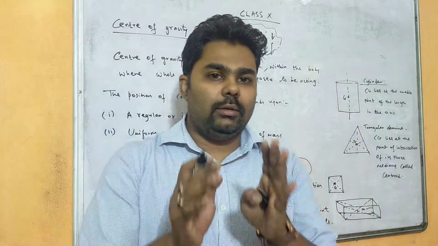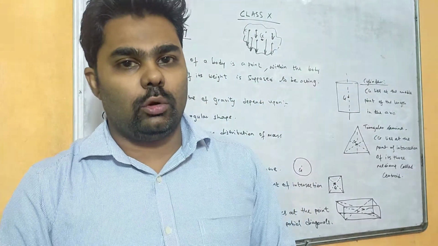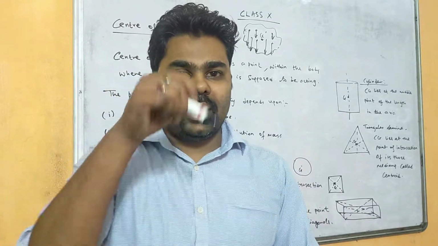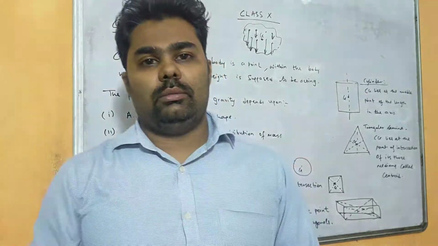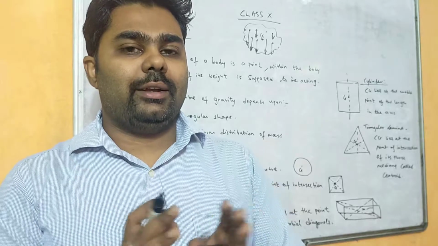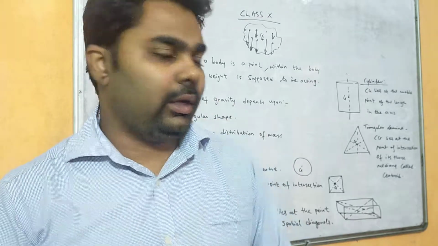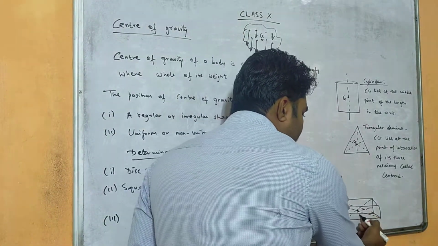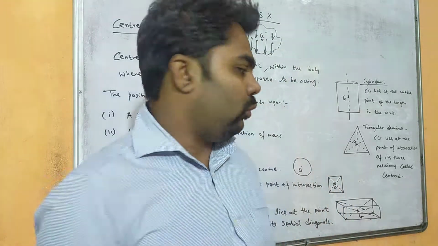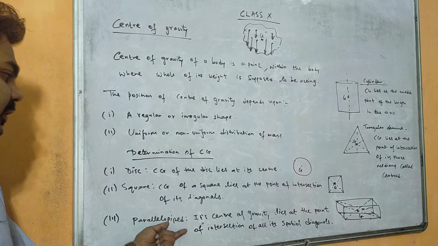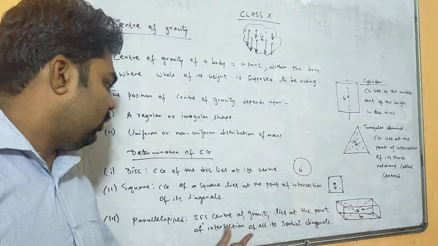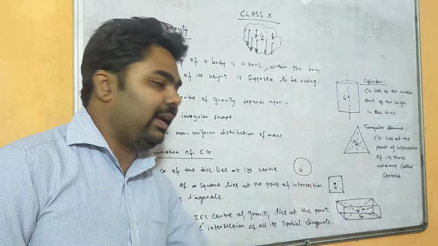In a cuboid, if I consider it to be a hollow box, and from the inside we draw lines along the diagonals, the diagonals will be meeting at a particular point, and that point is marked as G. So this was the parallelopiped. The center of gravity lies at the point of intersection of all its spatial diagonals.